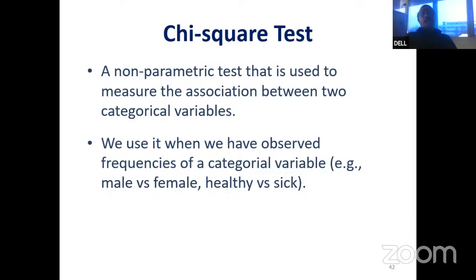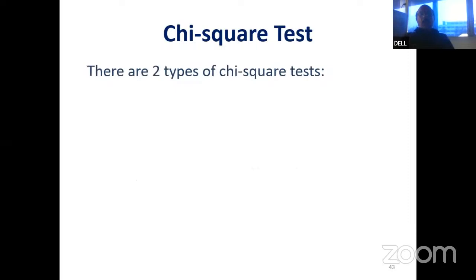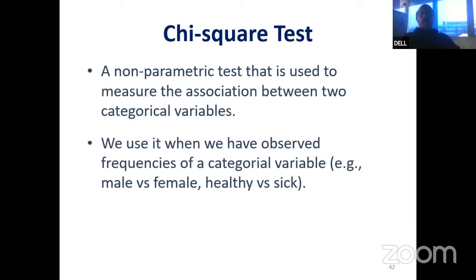The chi-square test is a non-parametric test. Why? Because in this chi-square test, we cannot observe any population-related characteristics. This chi-square test is purely based on observed frequency and expected frequency, so those expected and observed frequencies are calculated.